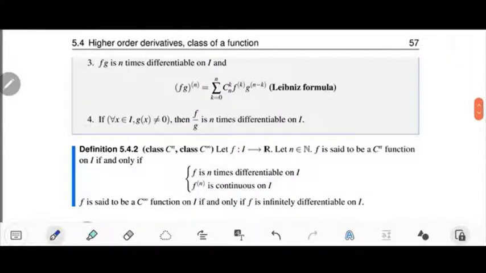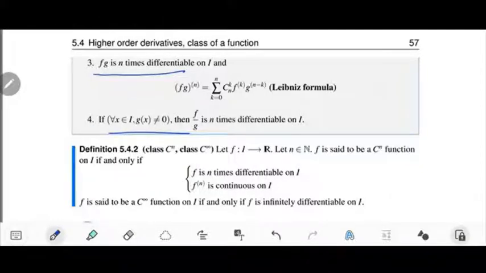It's also true for the product and for the ratio, but for the product and the ratio the formulas are more complicated, because the nth derivative of the product is written as the sum from k going from 0 to n of c n k times f k, the kth derivative of f, times the n minus kth derivative of g.